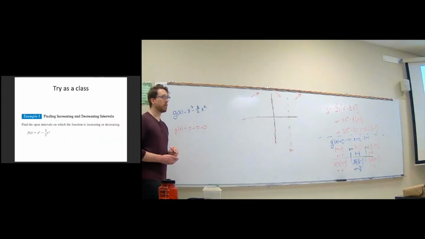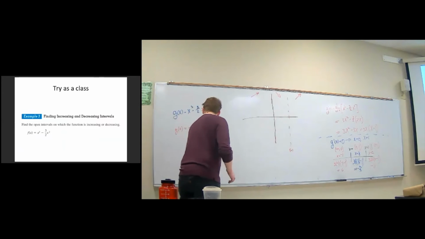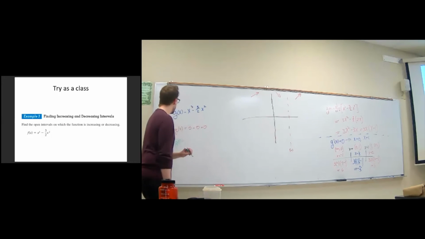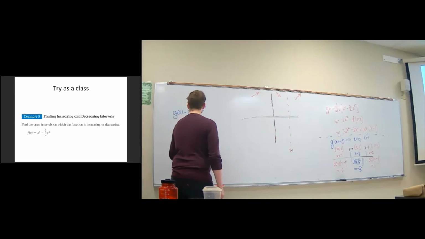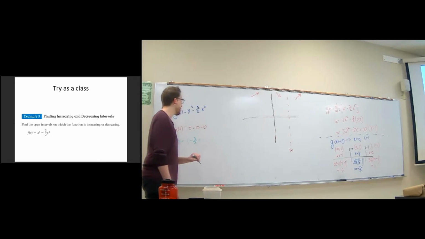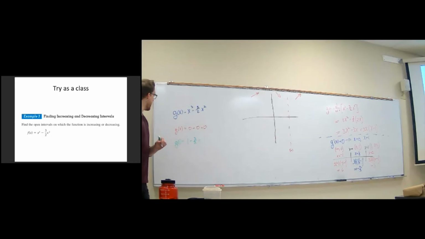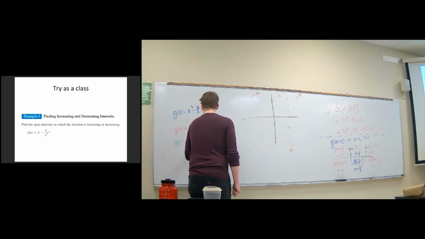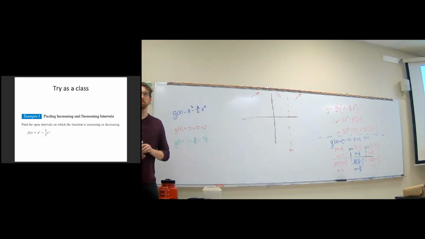Cool. G at 1 is equal to 1 minus 3 over 2. That's going to be equal to negative 1/2, right?